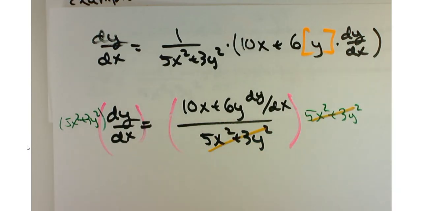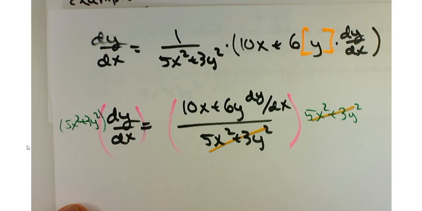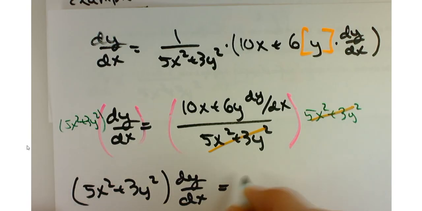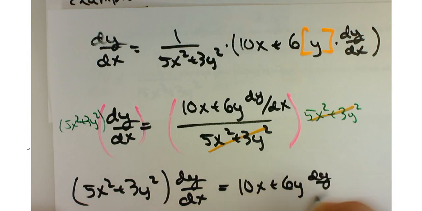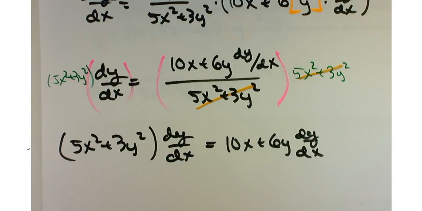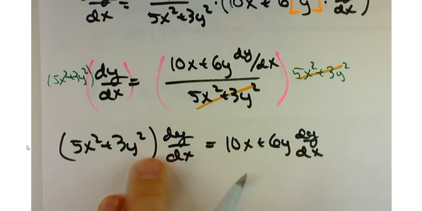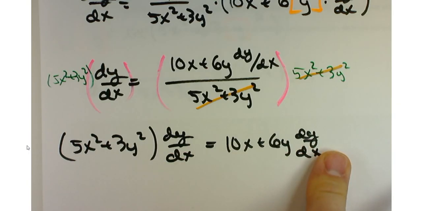So that leaves me with 5x squared plus 3y squared all times dy by dx equals 10x plus 6y dy by dx. Well, at least I got rid of the denominator. But I can't really easily solve for dy by dx because I got dy by dx on both sides.